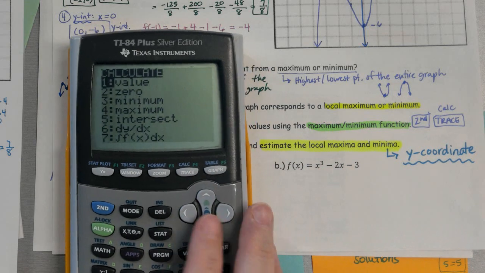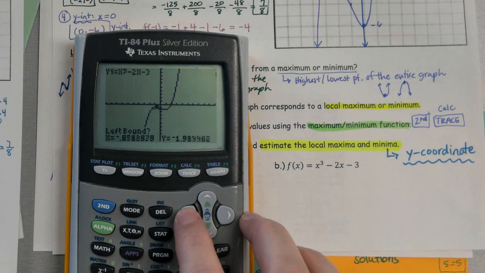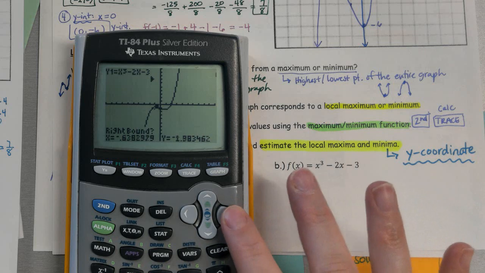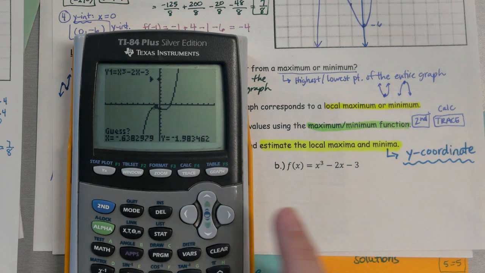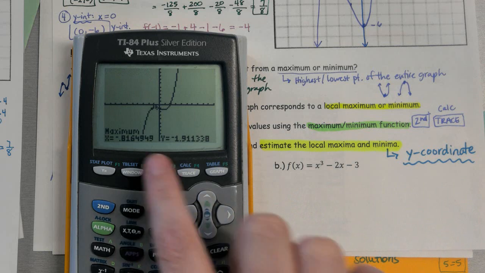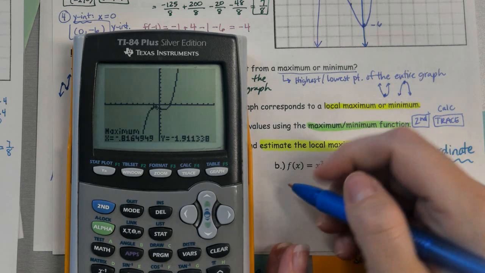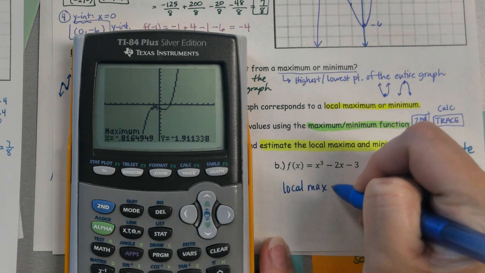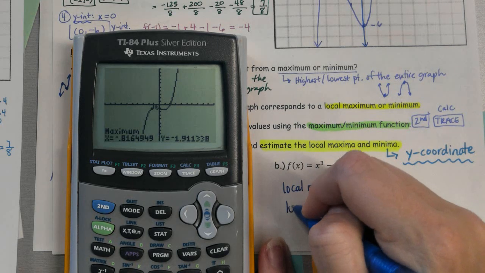So again, when you're calculating your maximum, what you're telling the calculator is find the highest point between whatever 2 bounds you give it. If you tell it where to look, it's going to give you the highest point in between the 2 areas that you select. So your local max here should be negative 1.911.